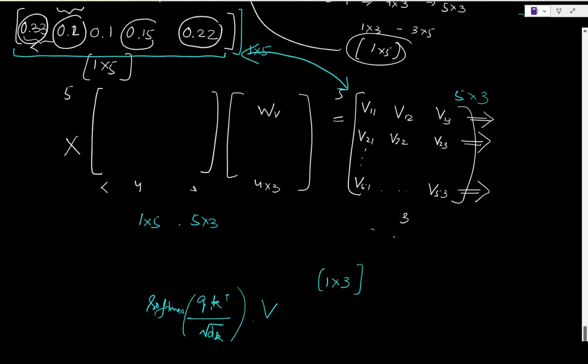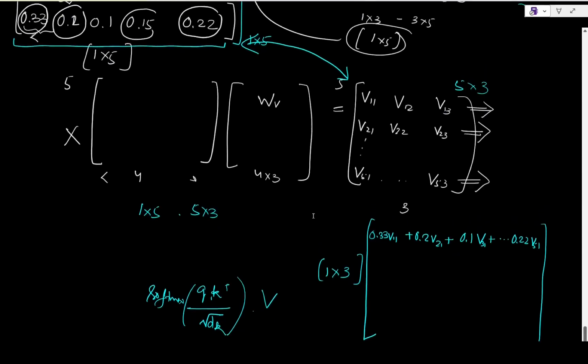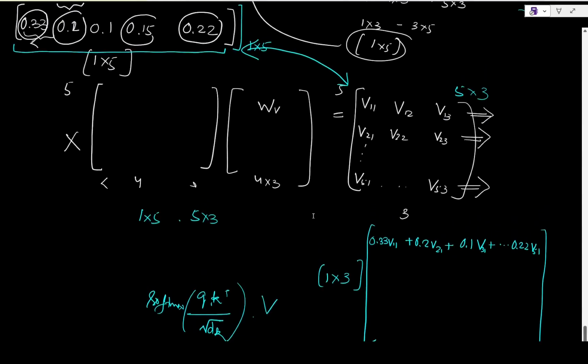So what will happen? If I do the multiplication, I'll get 0.33 times V11, plus 0.2 times V21, plus 0.1 times V31, so on and so forth up till 0.22 times V51. This will be the first element that I get, right?